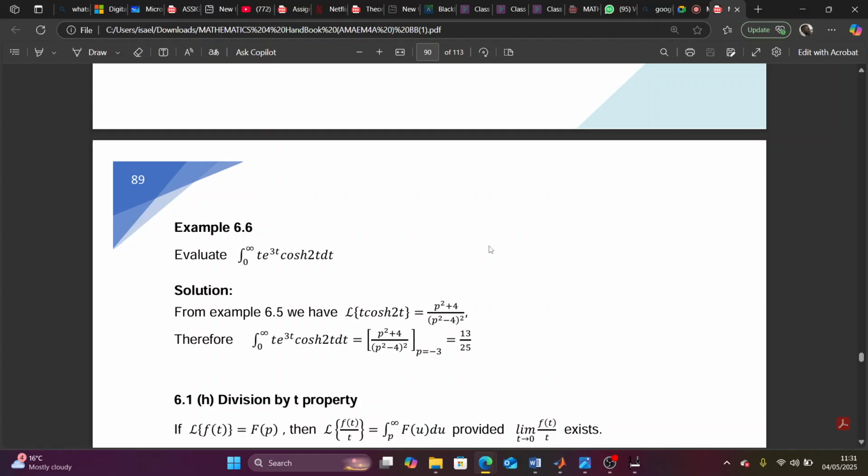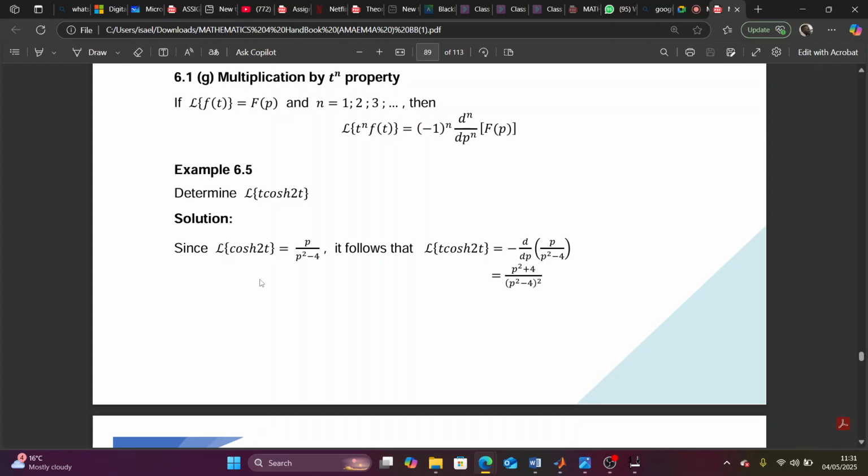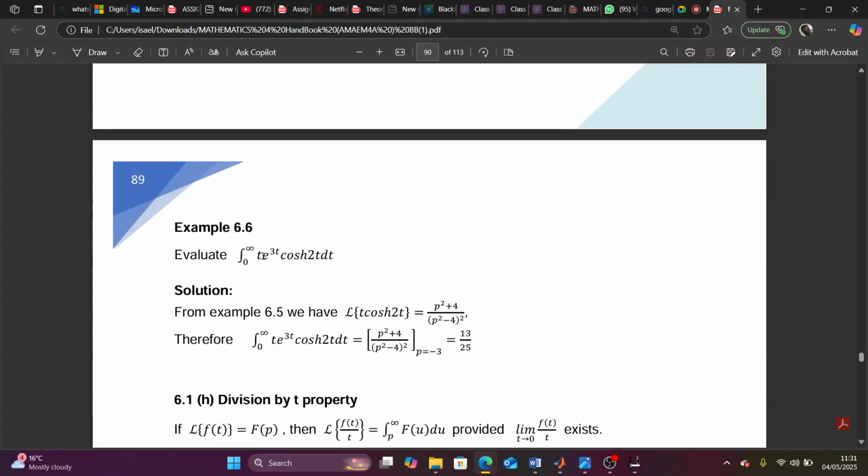Okay, this one is very, very important. Do you see that, Mr. Trinity? This one is more or less like what we had here. You have t, you have the exponential. How do you deal with it?